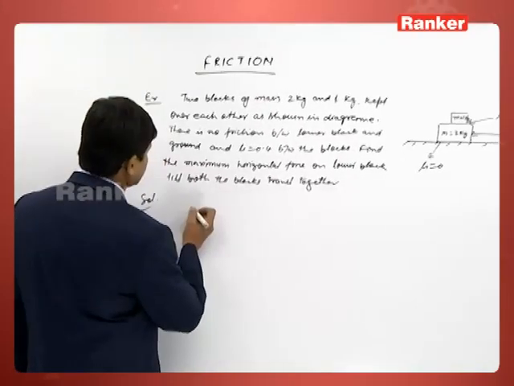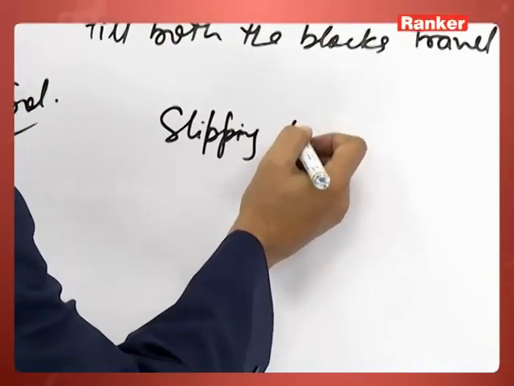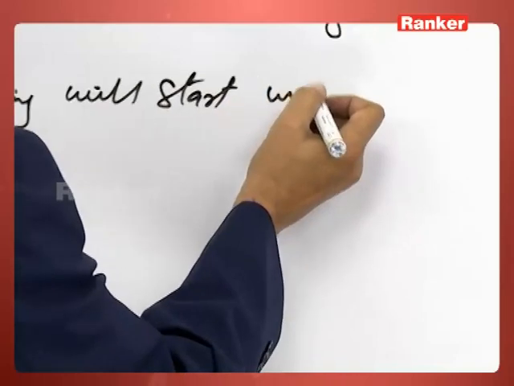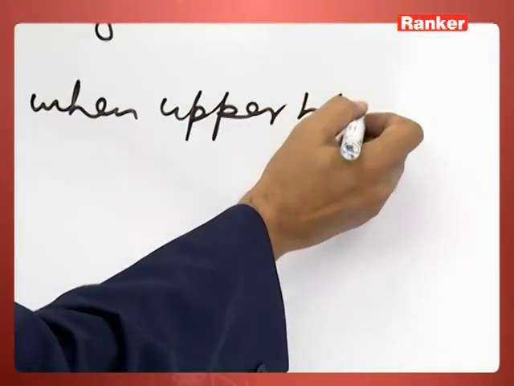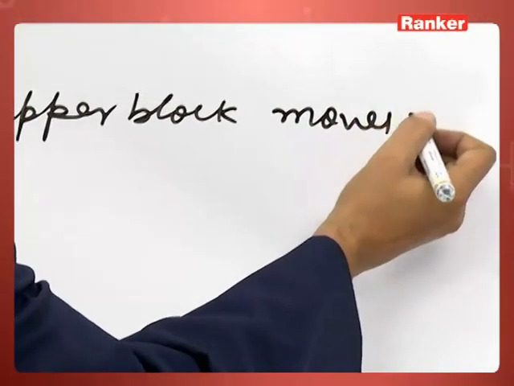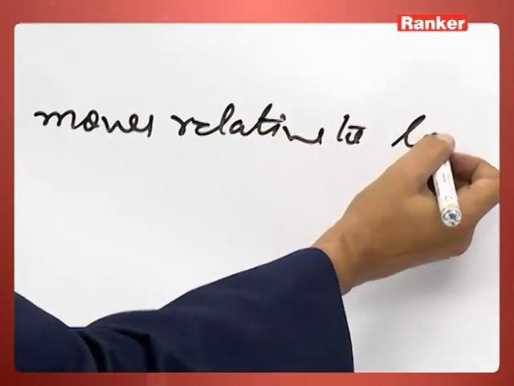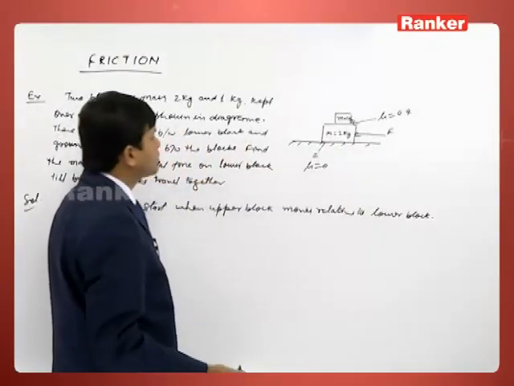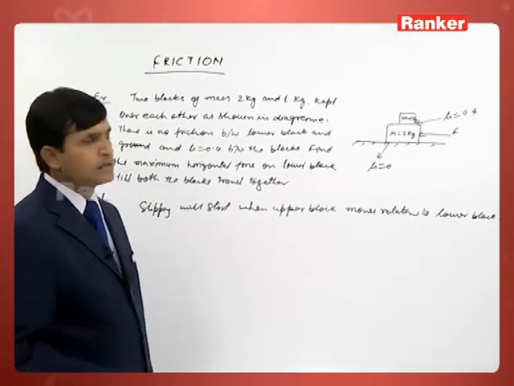We can write: slipping will start when the upper block moves relative to the lower block. So what I will do, I will make the FBD of the upper block.